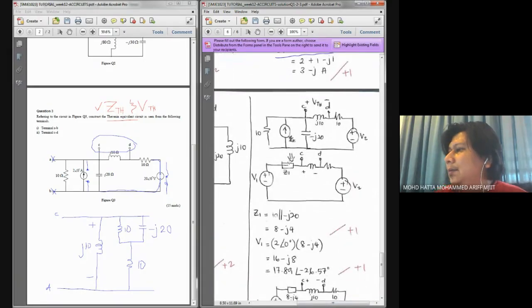Right, the voltage is over here, but I think it's not a good idea to look back at the ZTH circuit, because it's quite confusing, since we already removed our current source and also voltage source. Just go back to the question: we have VTH across C and D, and we would like to calculate the voltage across here.